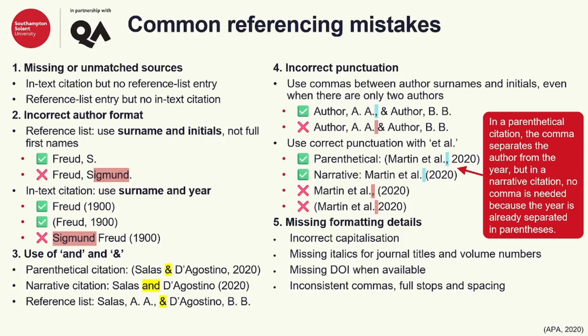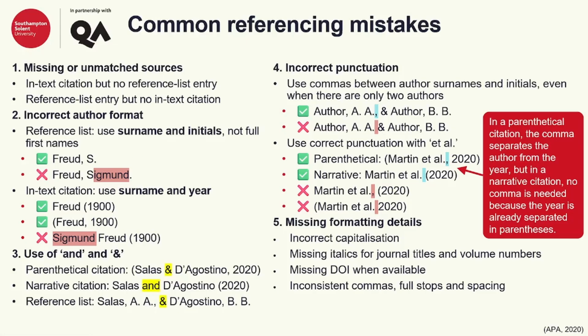The second problem is incorrect author formatting. In the reference list, use the author's surname followed by their initials. For example, you should write Freud, S., rather than Freud, Sigmund.